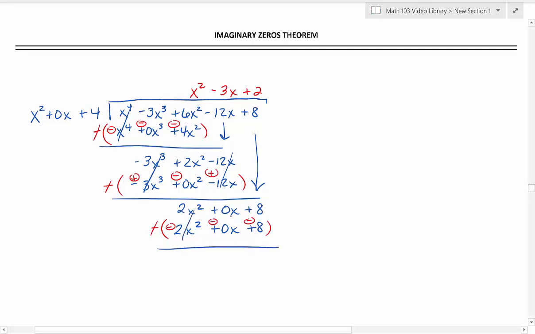Notice that all of our terms cancel out and we're left with a remainder of 0. This should not be a surprise that we have a remainder of 0. What we're finding is a factor, and we know that factors have remainders of zero. All right, this x squared minus 3x plus 2, this is our third factor.